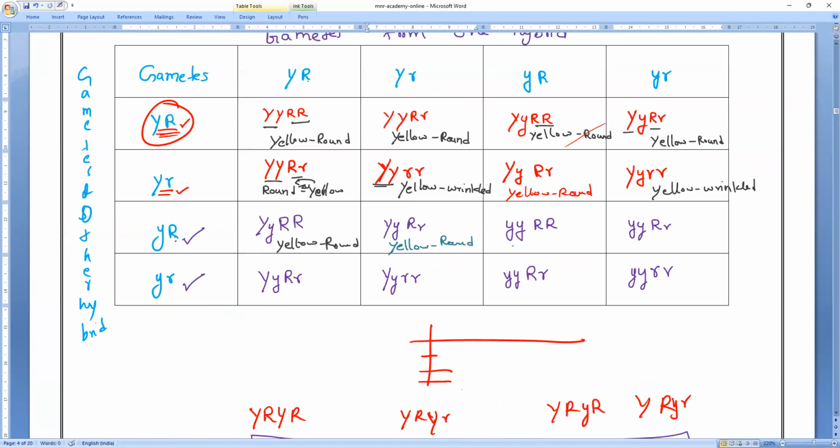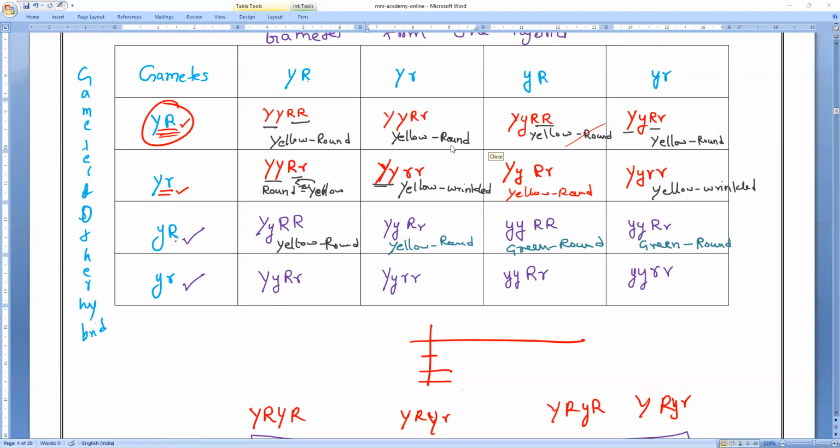But both are capital RR, so round. Green round. Is this pure homozygous or heterozygous? This is pure homozygous. Next, small yy again: green, round. At least one capital R, so round.